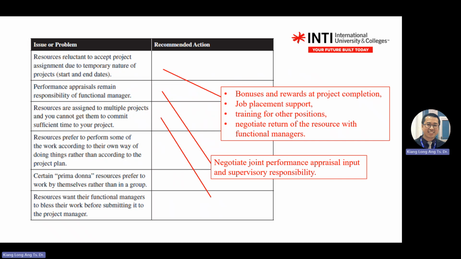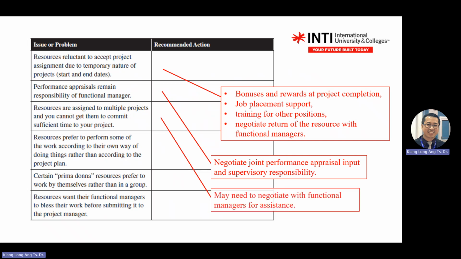So basically, it's a communication issue. Your people don't understand the importance of that. So you negotiate for assistance, and then put in priority. Link multiple projects with priority.